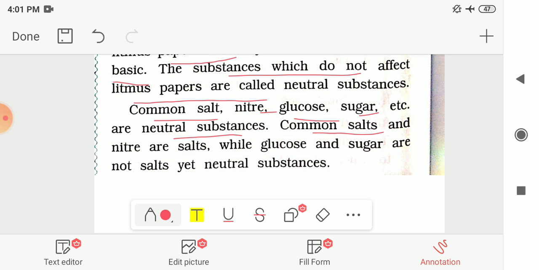Common salt and nitre are salts, while glucose and sugar are not salts, yet they are neutral substances. Here two examples are of salt, that is common salt and nitre. But the other two, glucose and sugar, are not salts. However, they will not show any effect on any of the litmus paper, so they are also known as neutral substances.